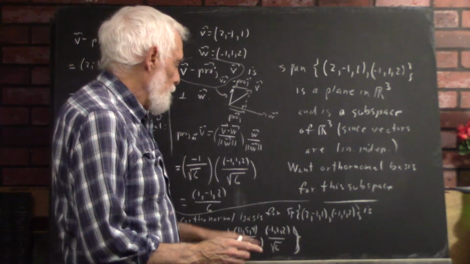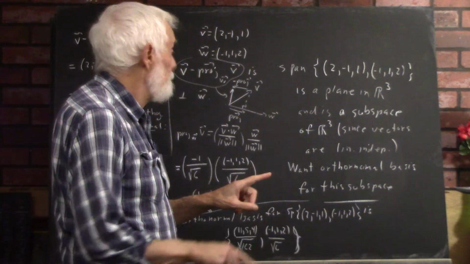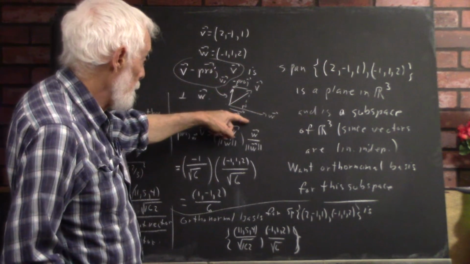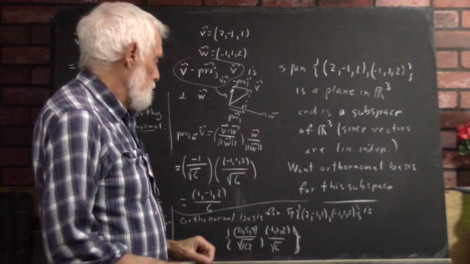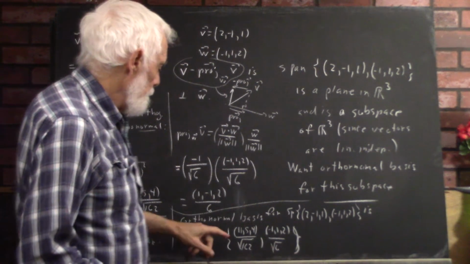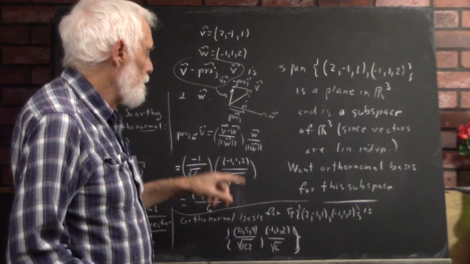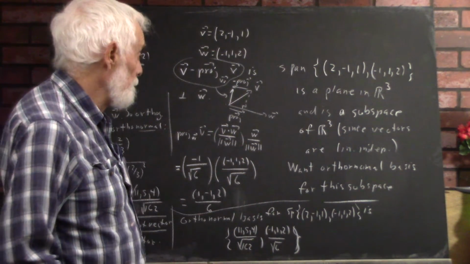One is in the direction of the W vector. The other isn't, because the other is constructed by subtracting the projection of V onto W from V. But it's orthogonal to W. So the vectors were not originally orthogonal, but they are now. So there's an orthonormal set, and they are unit vectors. So a basis of orthogonal unit vectors. That's what an orthonormal basis is.